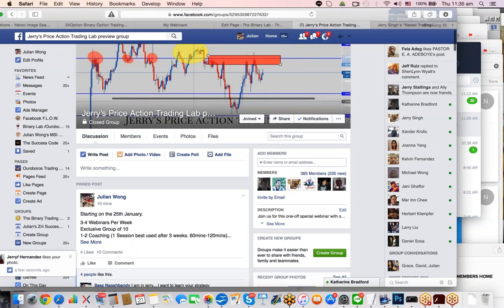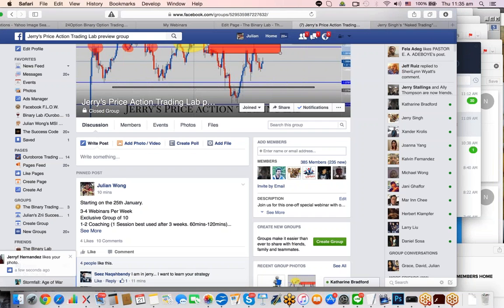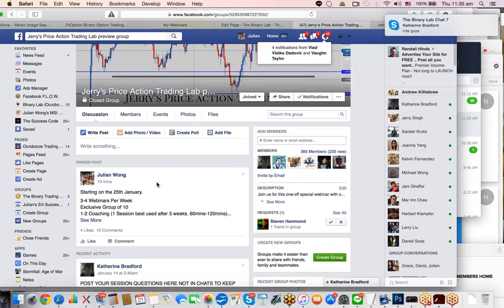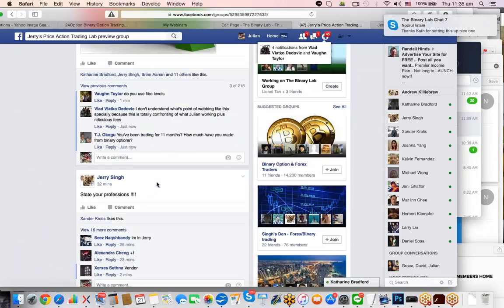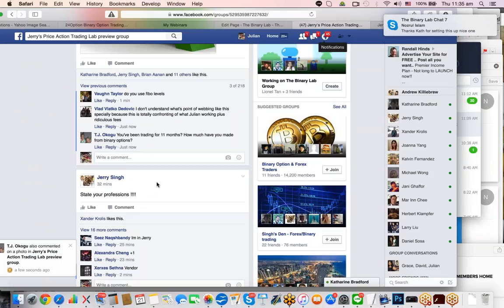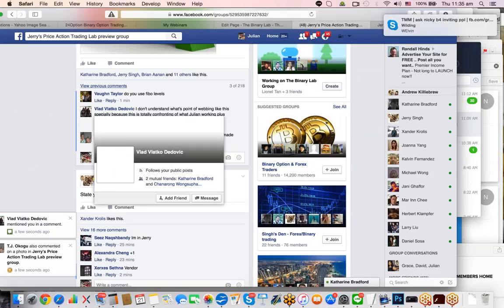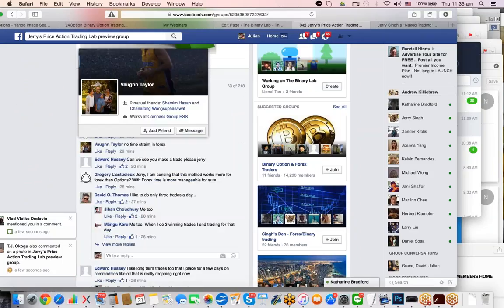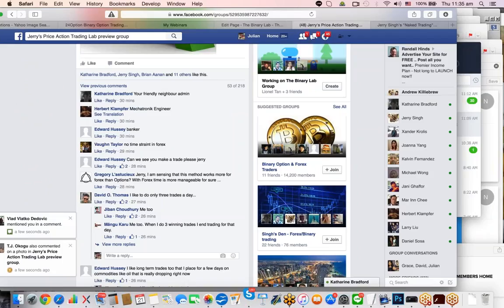So a FIBO level needs to be used in conjunction with patterns, in conjunction with harmonics, in conjunction with ABCD patterns. Only then is it viable to use FIBO, which is mostly for the long-term trades, and those are mainly used for Forex. However, you can do binary on them as well. Does that answer your question?